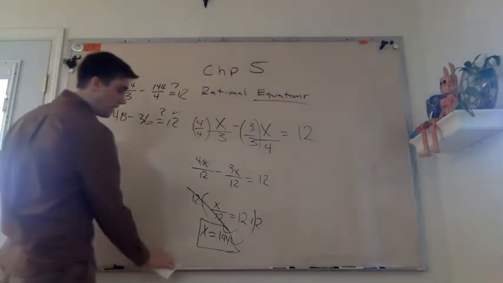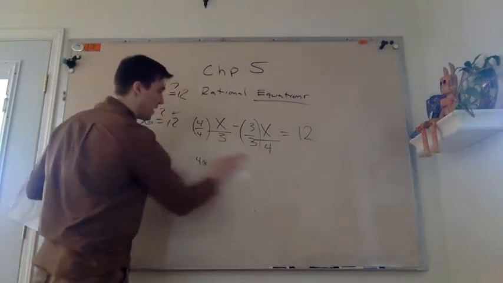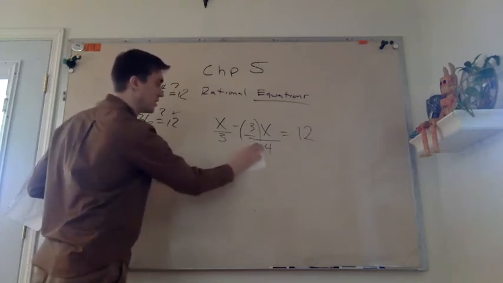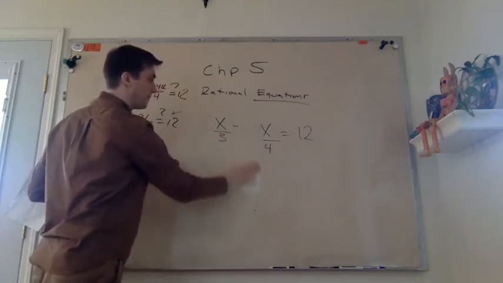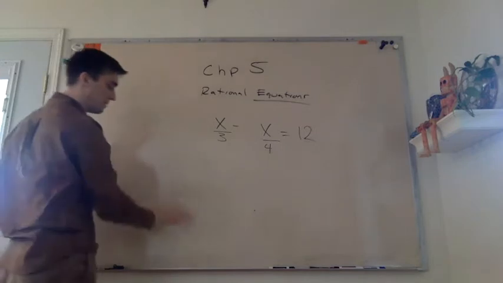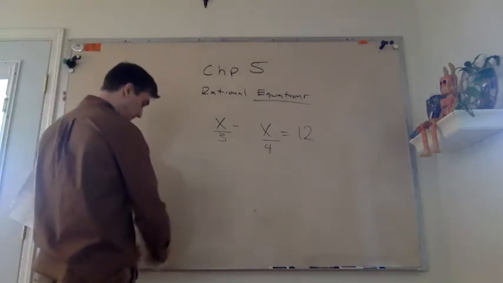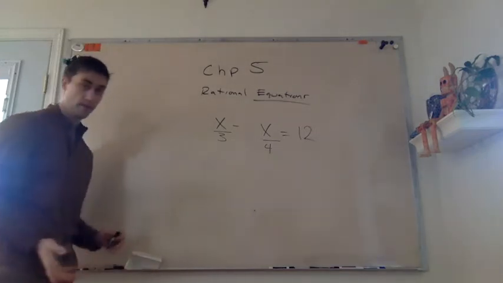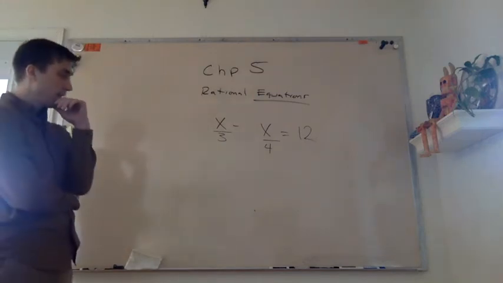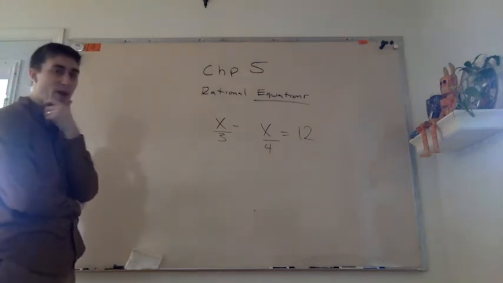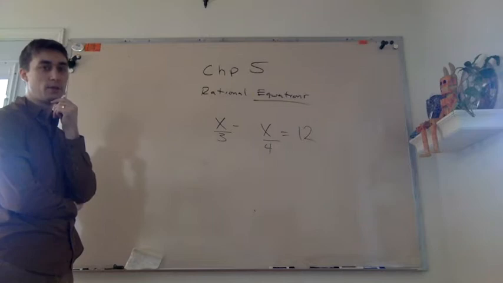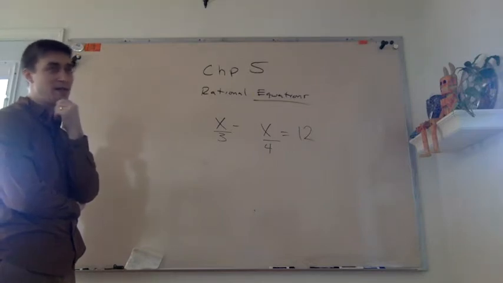Cool. All right, so that's one way to solve equations like this, is to combine the fractions using everything that we've been talking about. But there is a much more common way to solve rational equations.